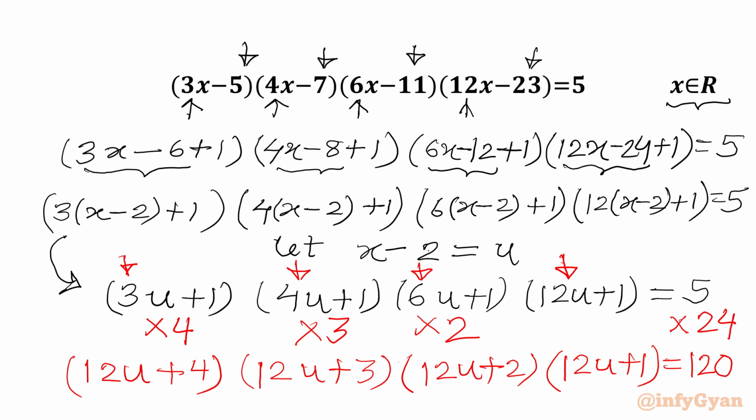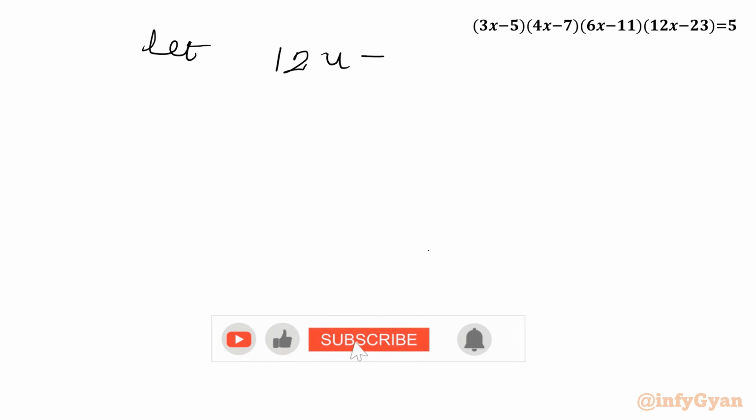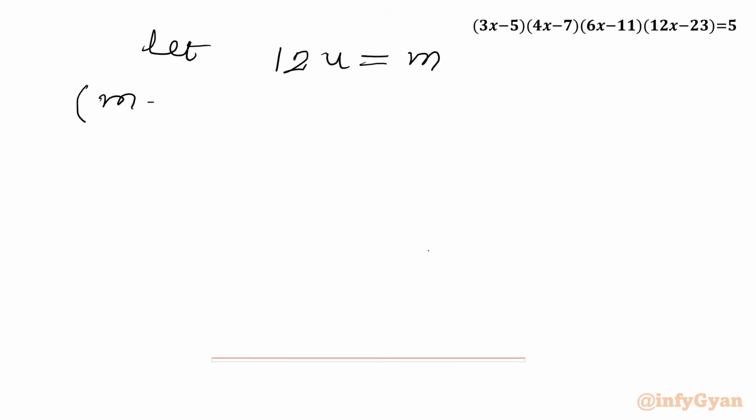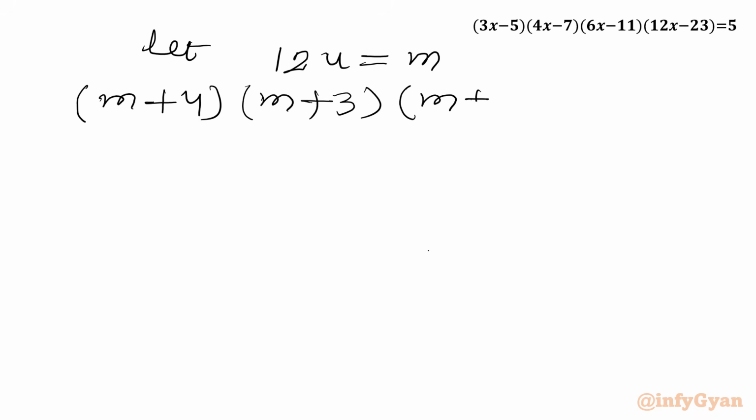Now we can assume 12u equal to, suppose, m. So I will write here our second substitution. 12u is m. So our equation will become m plus 4 times m plus 3 times m plus 2 times m plus 1 equal to 120.